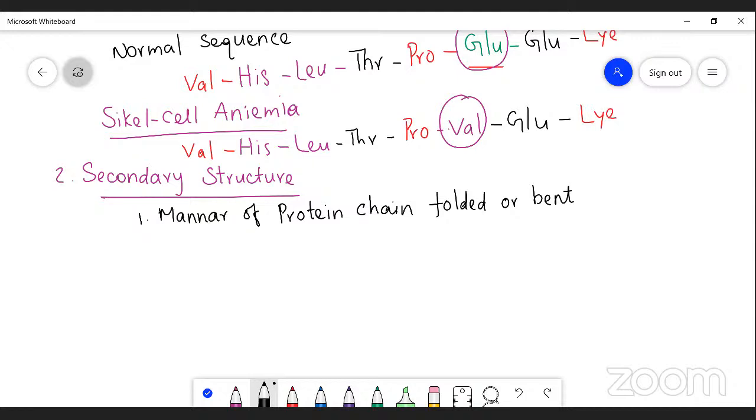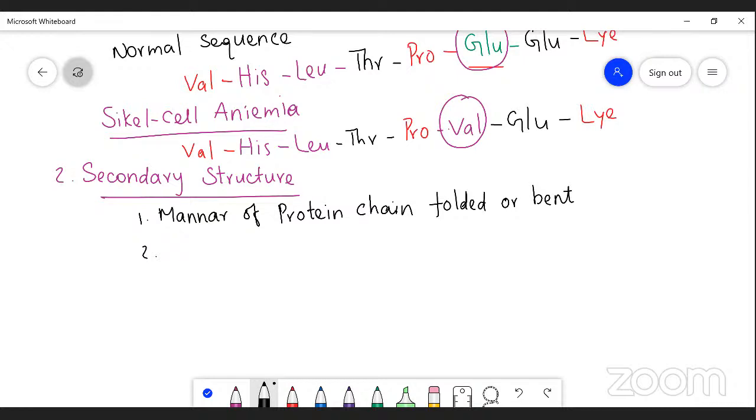And another thing, the chemical nature or chemical bond present in the amino acids is also explained by the secondary structure.